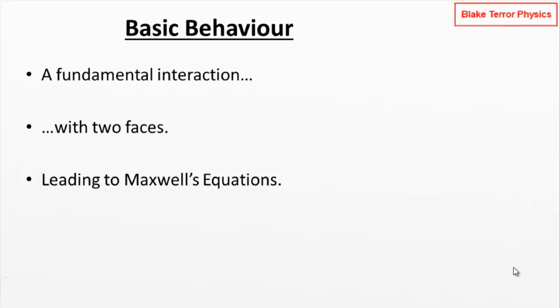In classical mechanics, we were describing gravitational fields using Newton's law of gravitation. We talked about gravitational potential as being this energy per unit mass. Now we're going to be talking about something quite similar with electric potential, where we're now talking about energy per unit charge.